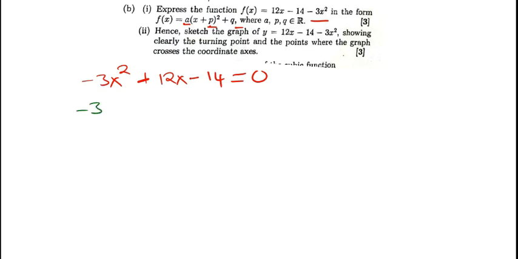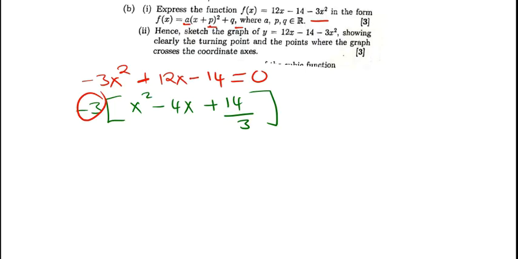So we can factorize negative 3, you remain with x squared minus 4x, and then a positive 14. Since we can't divide, we'll just write it as negative 14 over 3. The idea is after factorization, whatever you have outside there, if you multiply whatever is inside, it should give you the original part. Hope we're good there.